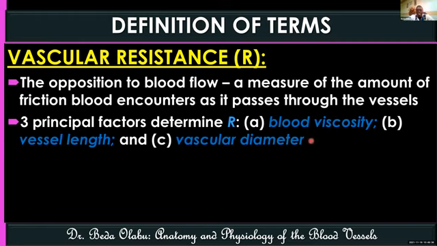Because arteries and arterioles vasoconstrict and vasodilate at any given time, even within seconds, that third parameter is a major determinant of resistance to blood flow from a very physiological or practical point of view.